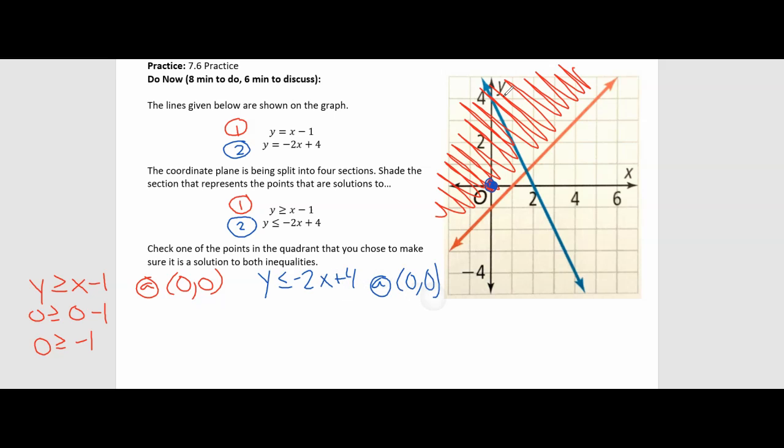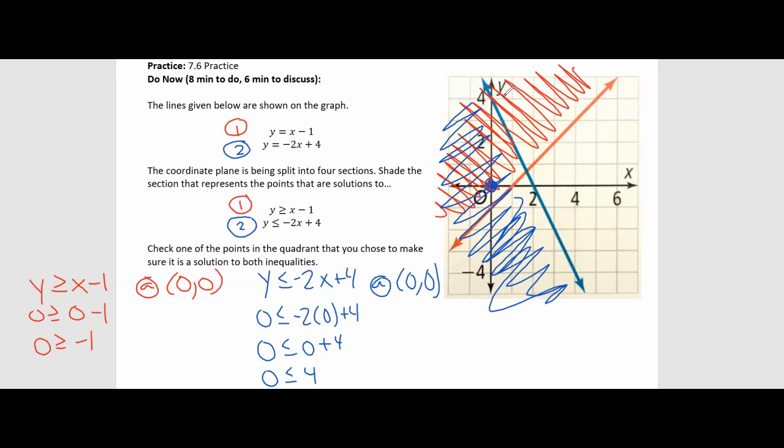So let's see if that makes this blue inequality true. And I get 0 is less than or equal to 4, which is true. So I am going to shade on this side of the blue boundary line.